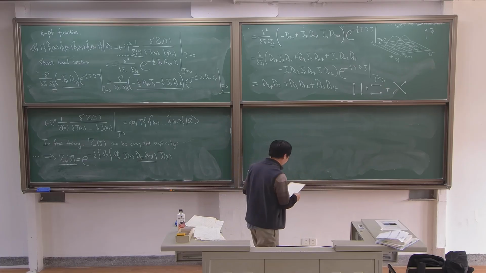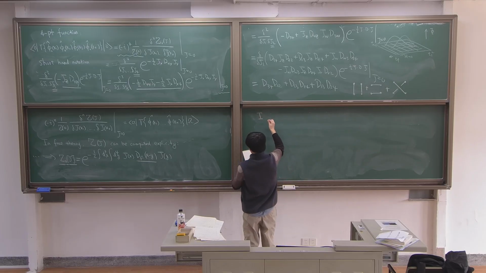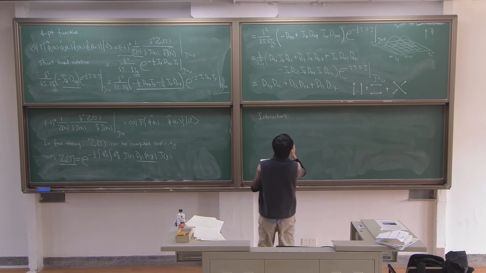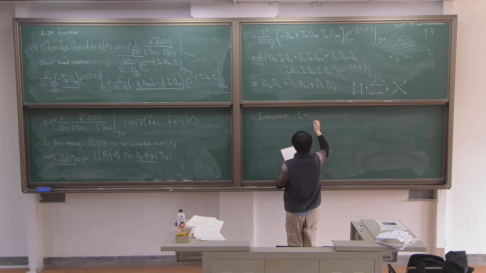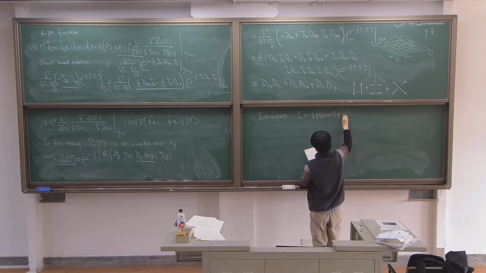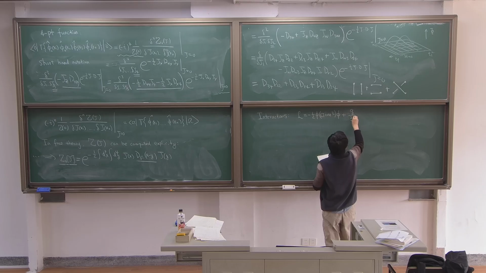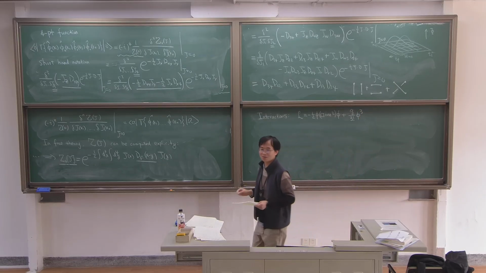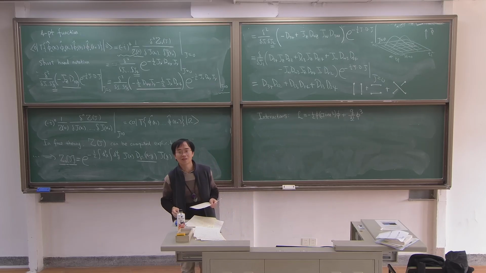But the problem is that we're more interested in going into the interacting case. Again, let's specify a little bit, otherwise everything is too abstract. Let's specify to the cubic theory with this coupling g over 3 factorial. It's precisely the same theory we analyzed before by other methods.